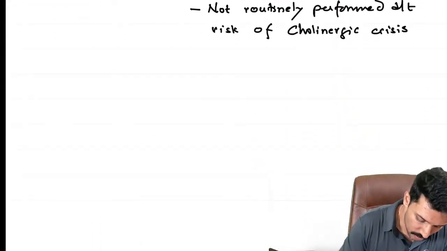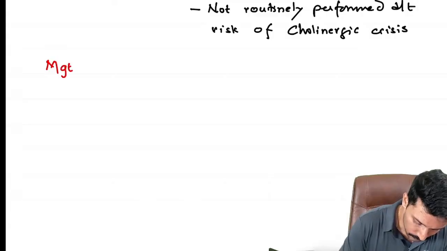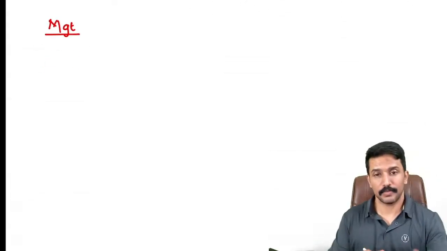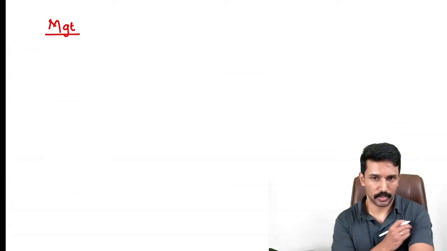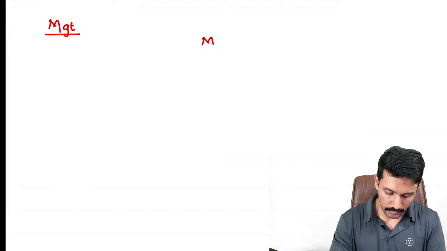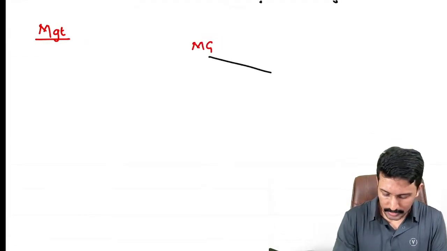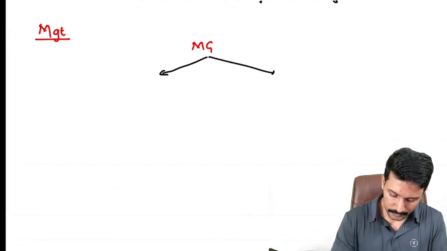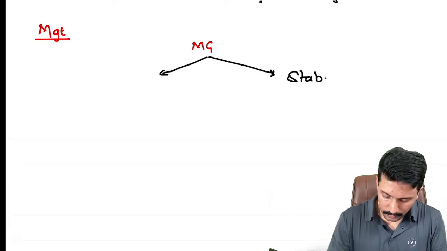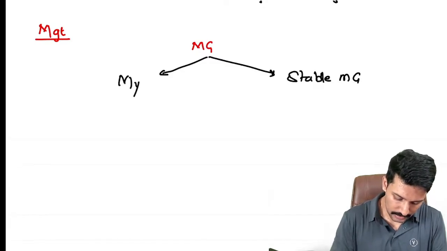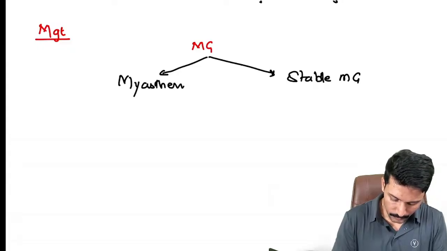Now when it comes to management, we will divide myasthenia gravis into stable cases and unstable cases, right? So we will classify them into stable myasthenia gravis and myasthenic crisis.